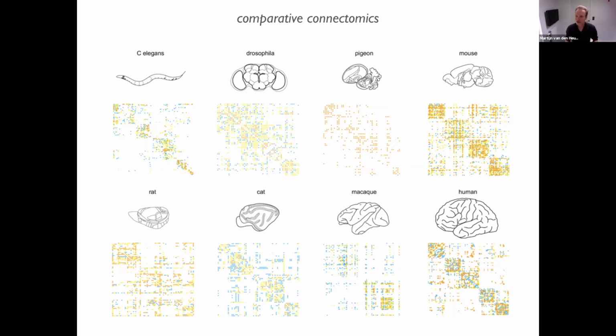Of course, we were extremely inspired by the field of comparative biology in this. The field of comparative connectomics aims to compare connectome maps across different species to try to find overlapping features, because we argue that these might give us strong indications of general organizational principles of the connectome, because they survive millions and millions of years of evolution.